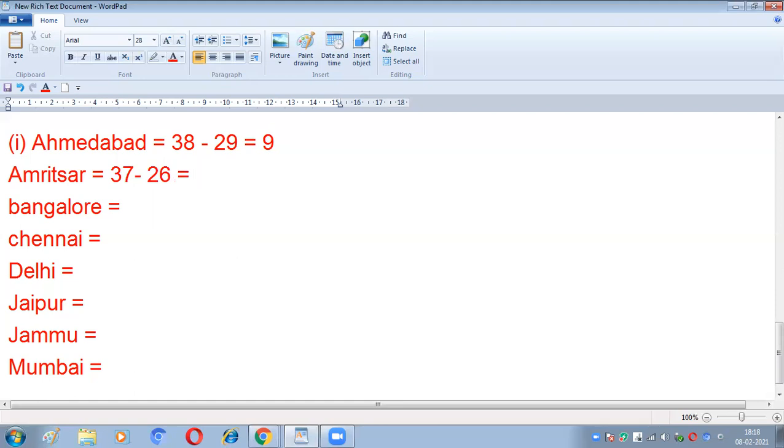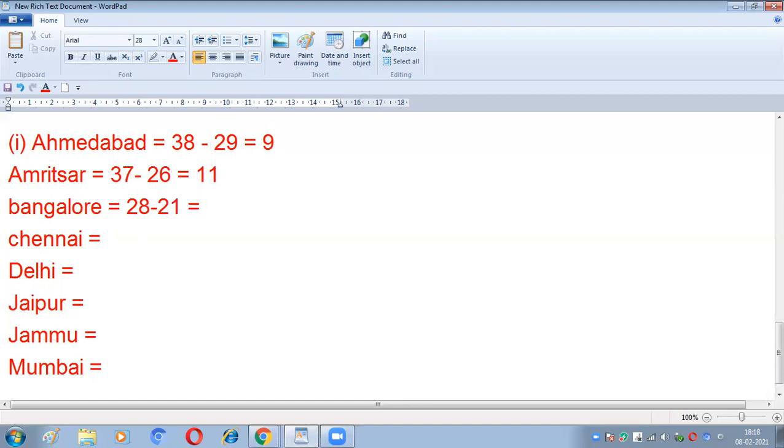So 37 minus 26 is equal to 11 degrees Celsius. Now let's proceed to Bangalore. The maximum temperature of Bangalore is 28 degrees Celsius, minus the minimum temperature of 21 degrees Celsius.